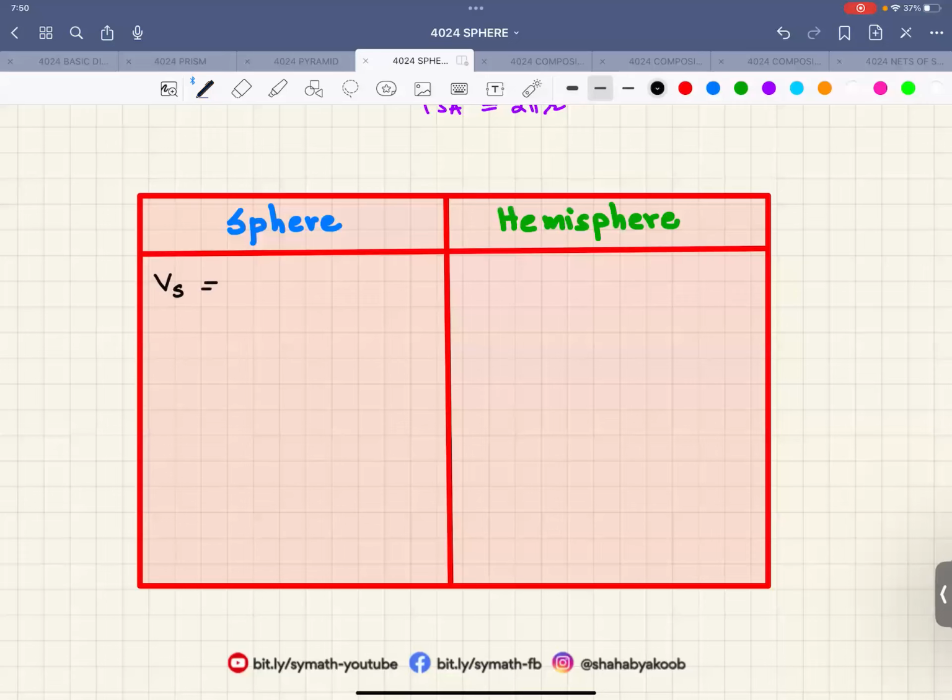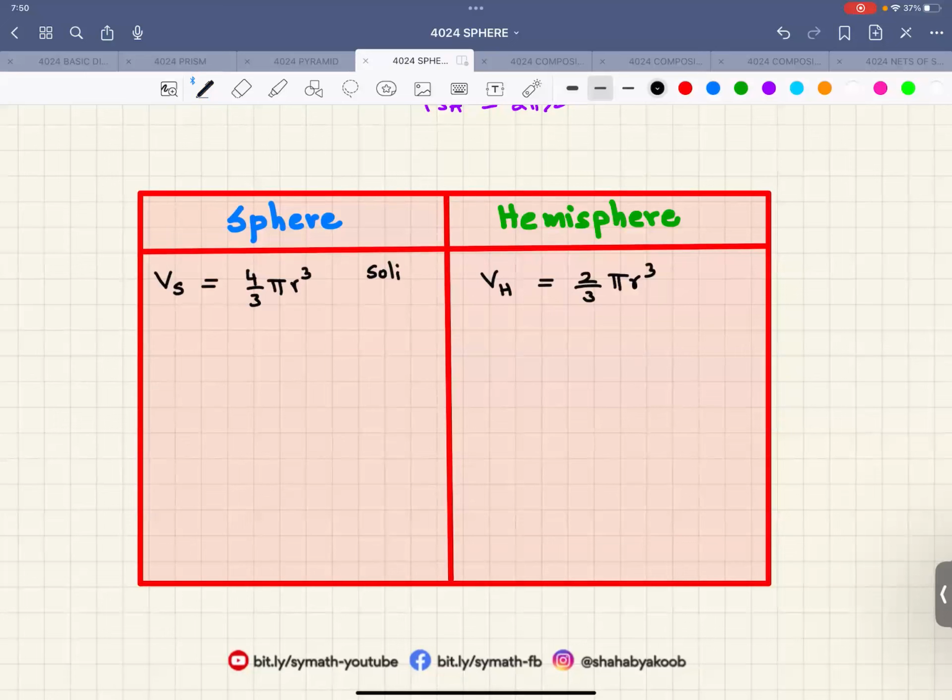So volume of sphere, that is 4/3 pi r cube. Volume of hemisphere, that's 2/3 pi r cube. It doesn't make a difference whether it's solid or it's hollow.